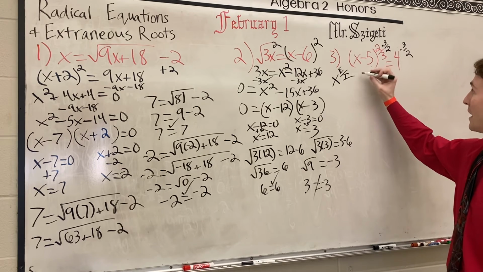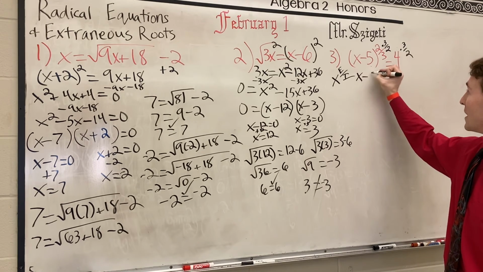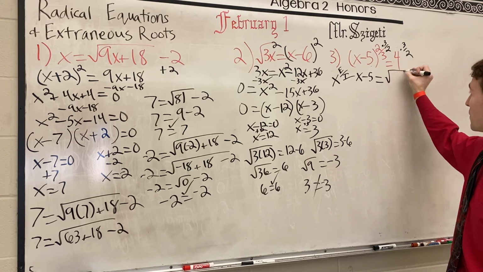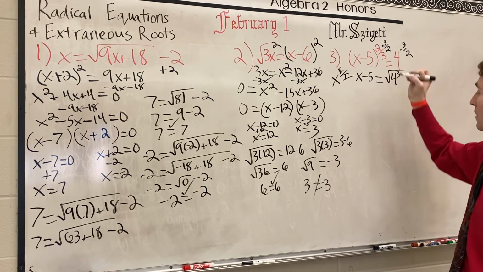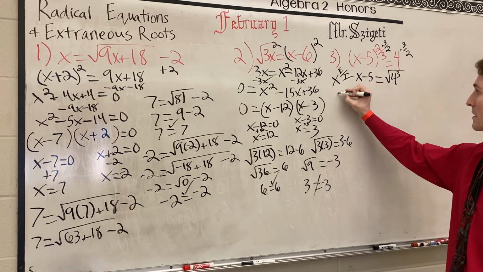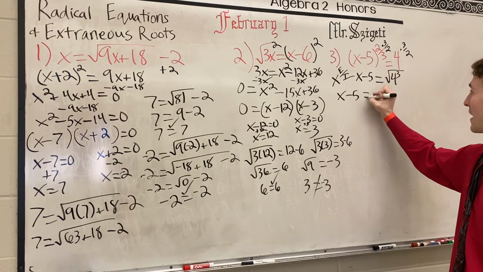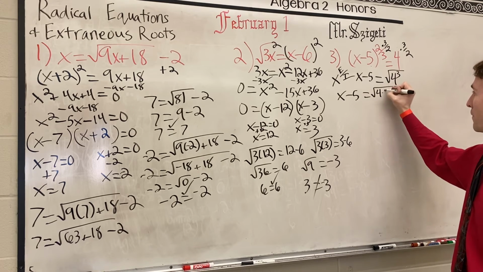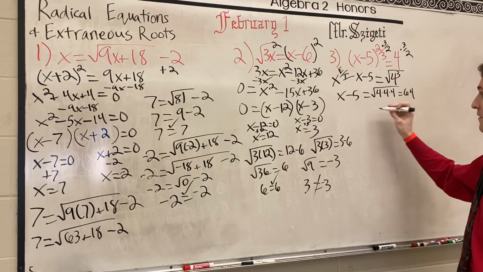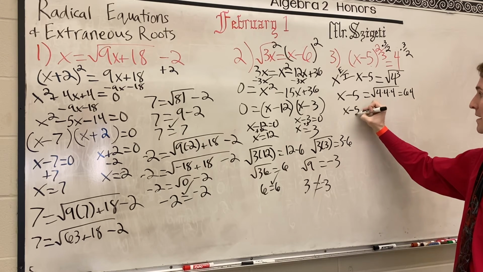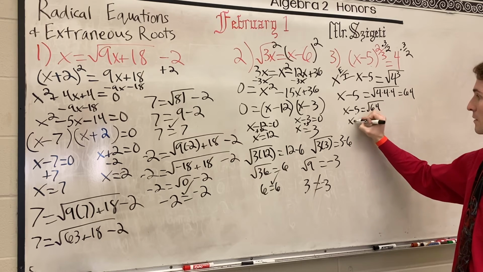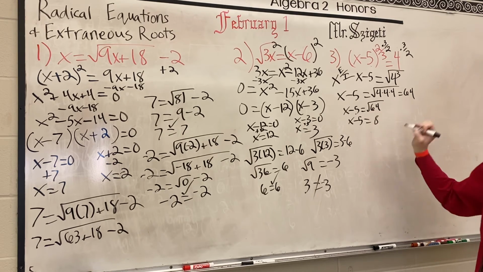So we're left with just a basic x minus 5 is now equal to the square root of 4 cubed. All right. So we've still got our x minus 5 is equal to the square root of 4 times 4 times 4, or 64. And now x minus 5 is equal to the square root of 64. So x minus 5 is equal to 8.